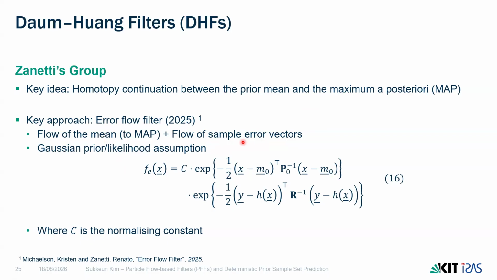This starts with the Gaussian prior and likelihood assumptions. This is basically the prior part and the likelihood part, and we put everything else into this constant C, the normalizing constant.